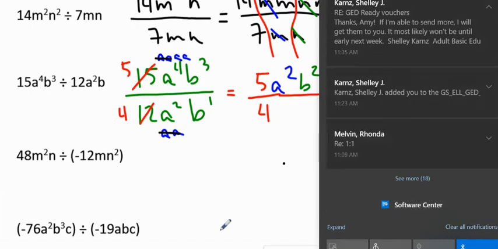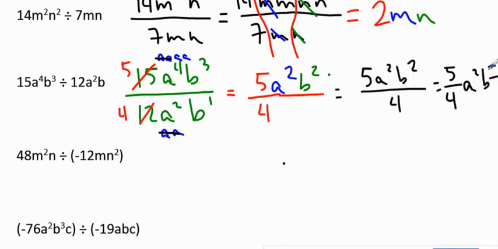Then there would be a 2 right here. So I have a 5/4 times a squared times b squared. All 3 of these are equivalent.